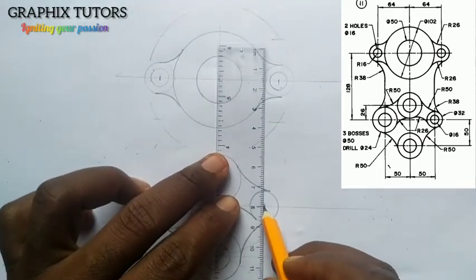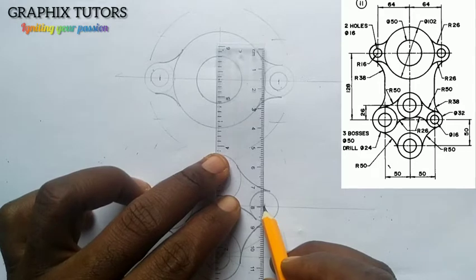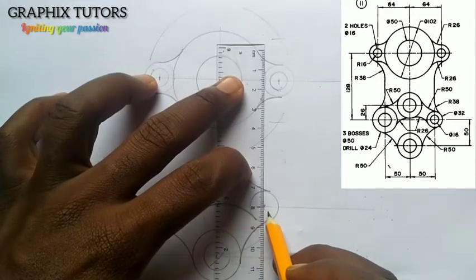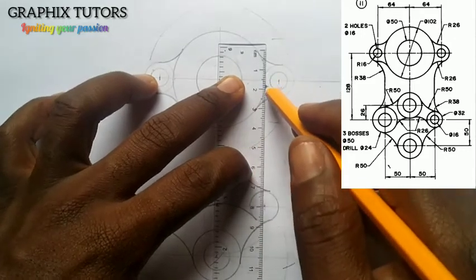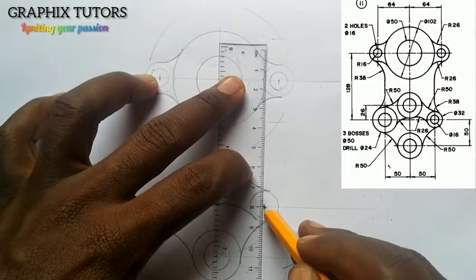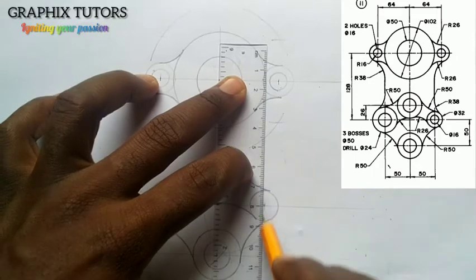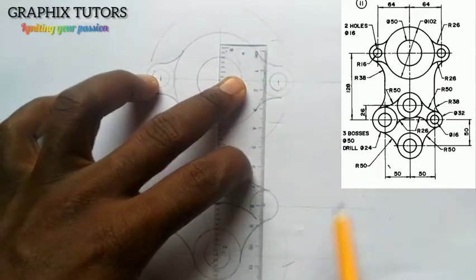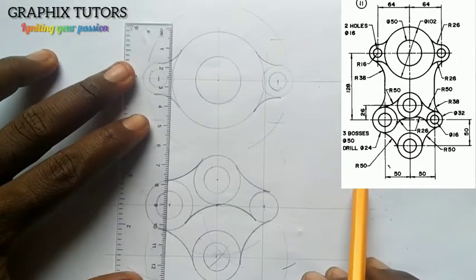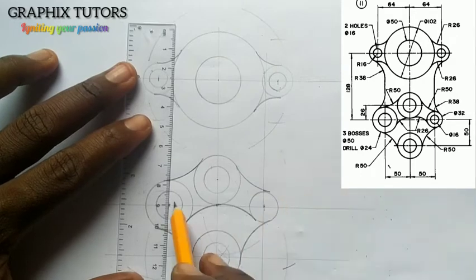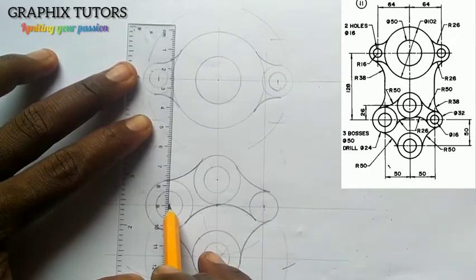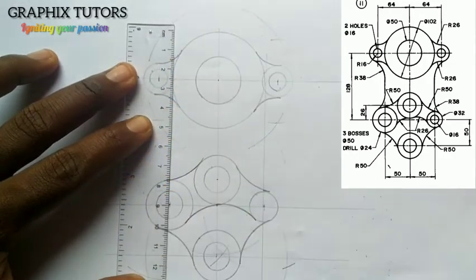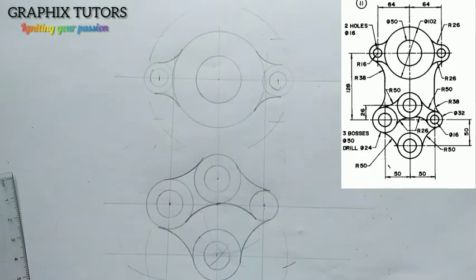You can see that. So I'm going to do that. Just draw a straight line this way. I'll come here also. I'll do the same thing. Just draw a straight line this way. So that is the 50 mark there we have.